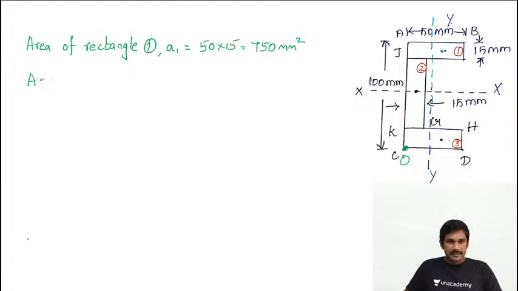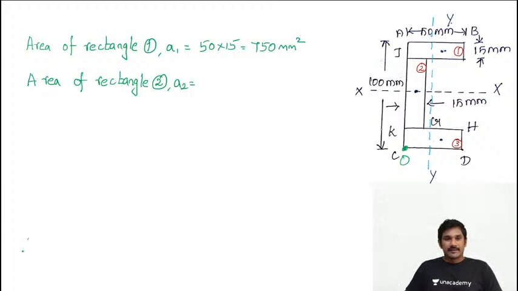Next, area of rectangle 2, second rectangle, that is A2, where the total height is 100 mm. You need only this part.